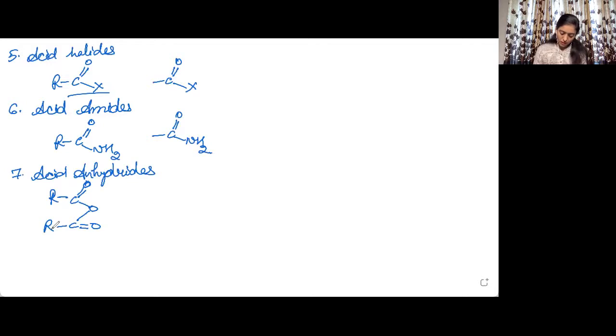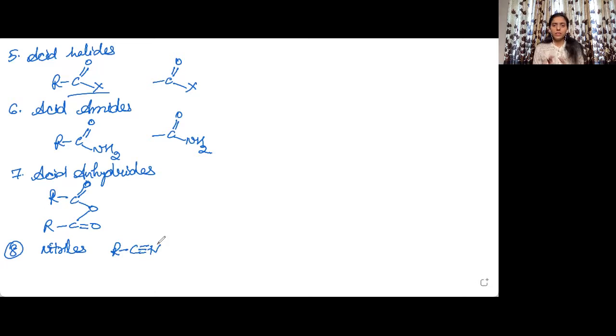Okay. Then next, nitriles. Nitriles are the compounds which have CN group, cyano group. So R, C triple bond N.